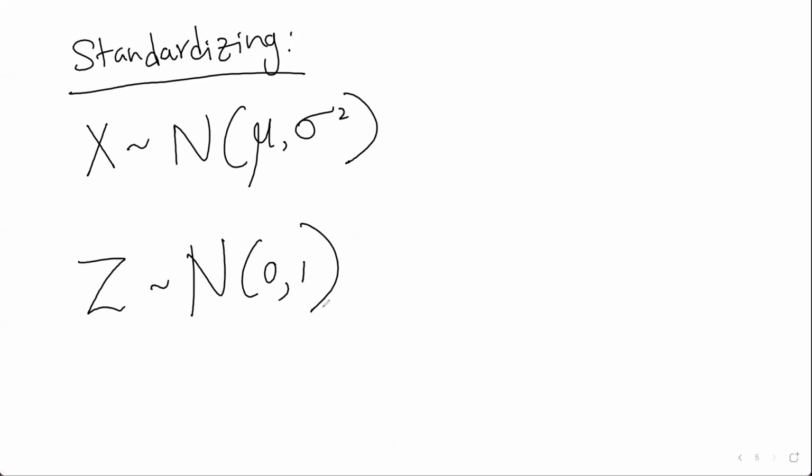We make a normal distribution into a standard normal. What is the relationship between x and z? z is equal to (x minus mu) divided by sigma. This is what you call standardizing.